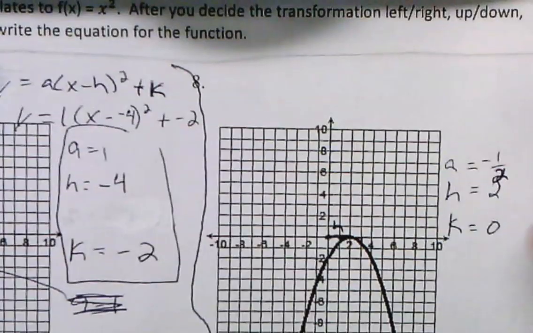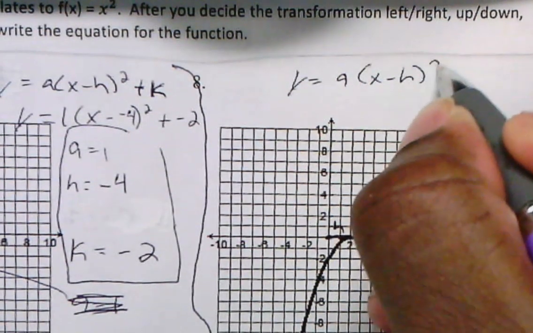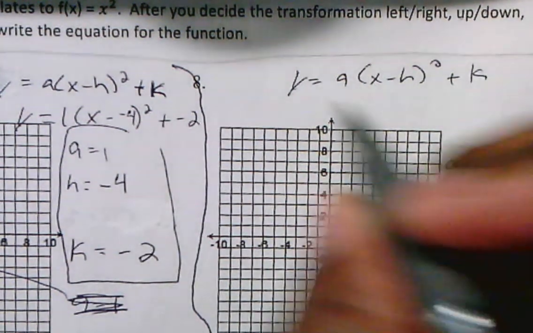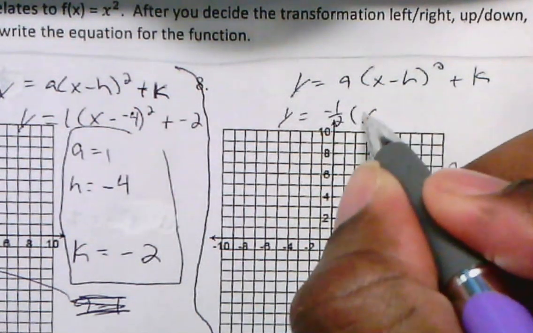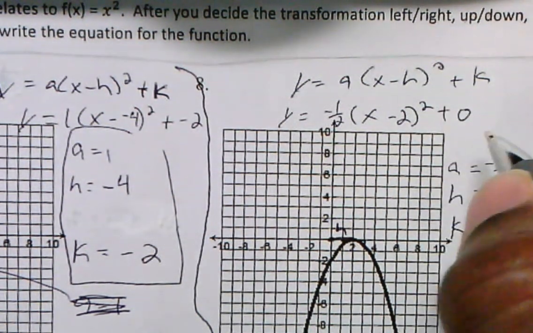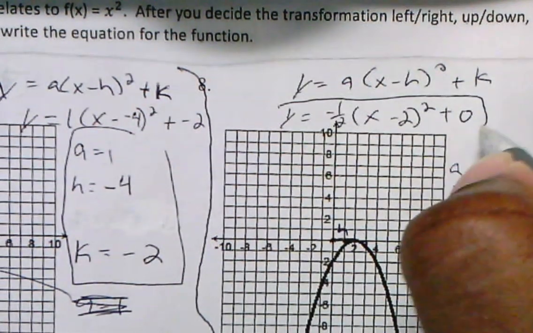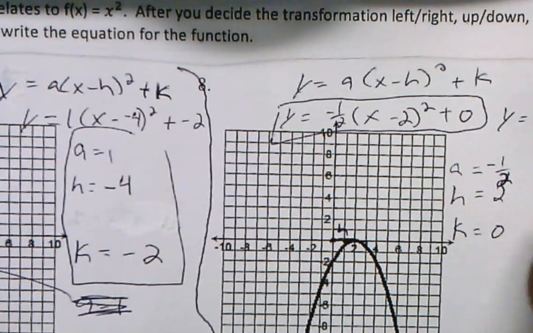So this equation is y equals a(x subtract h) squared plus k. So it's y equals negative 1/2(x subtract 2) squared plus 0. You could also see that written as y equals negative 1/2(x subtract 2) squared.